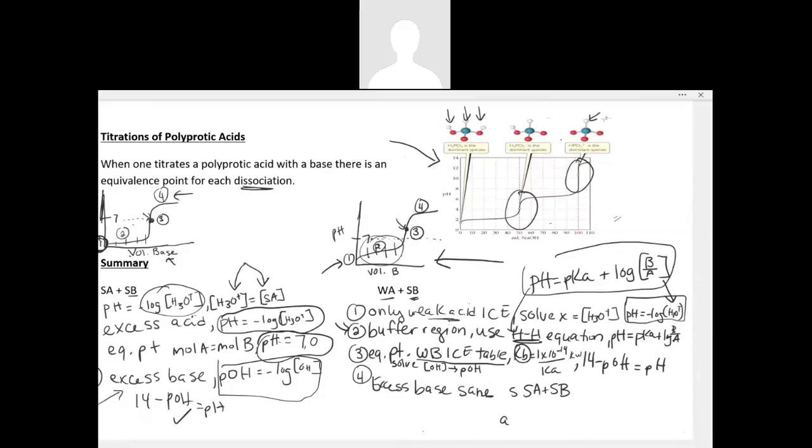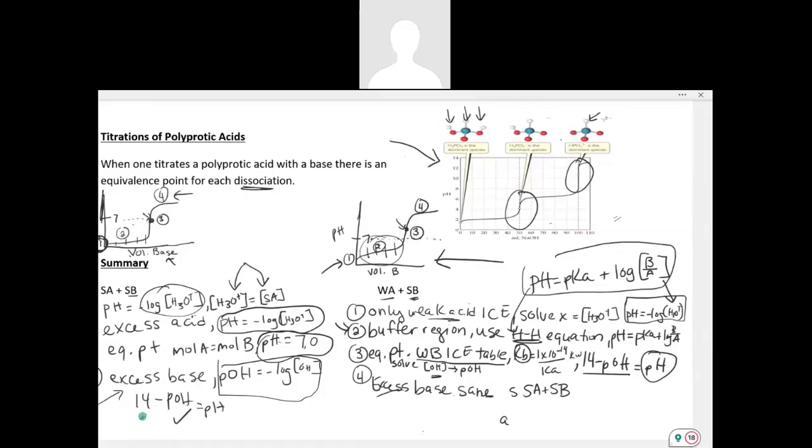We use that to set up our Kb expression and solve for x, which would be hydroxide ions in this weak base ICE table scenario. So we can first solve for pOH. Then over here we see 14 minus pOH indicated, so that is how we solve for pH here: just 14 minus whatever the pOH value is.